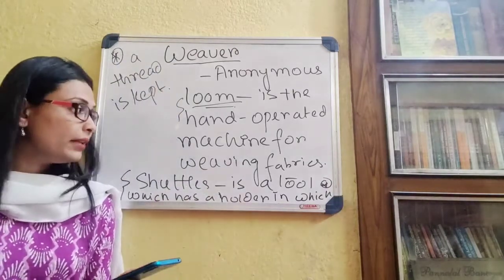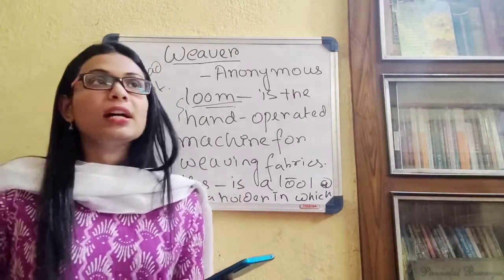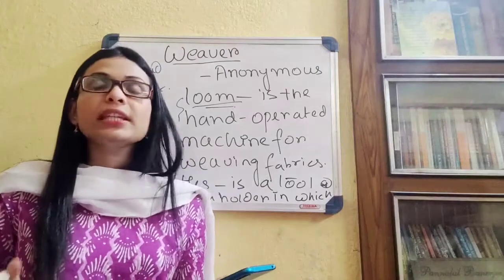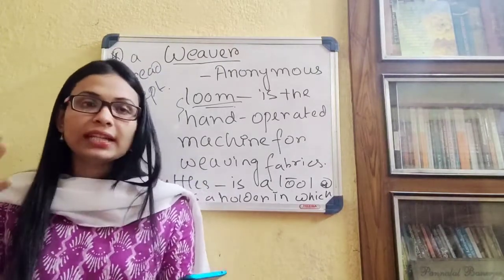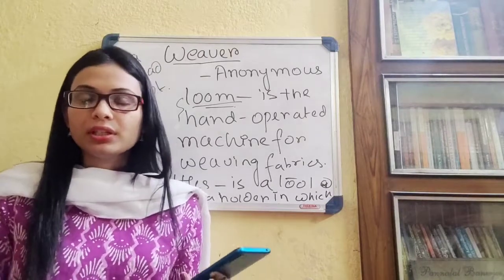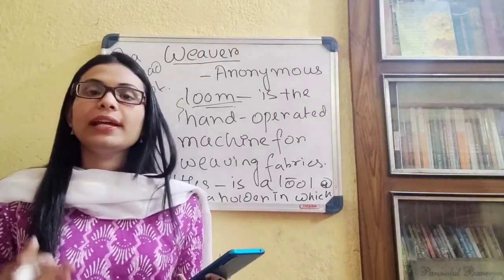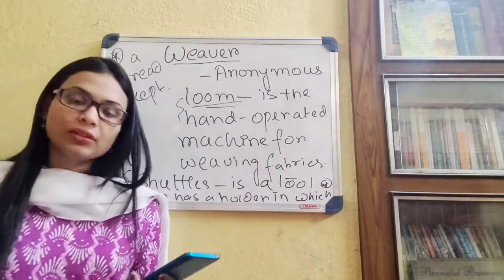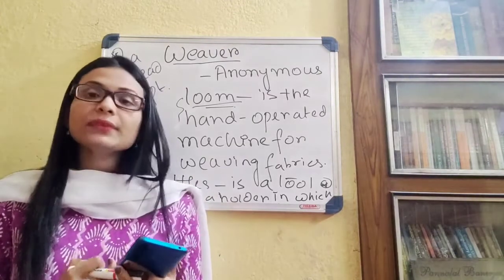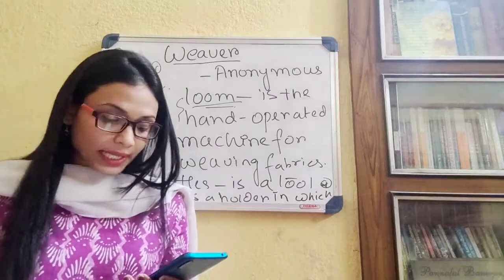In the same manner, God has planned a good life for us. He is weaving good days also, he is weaving bad days also, but we can't see the future. So whatever is happening in our life, we should always have trust in God, we should always have faith in God. Only then can we be happy in our life.